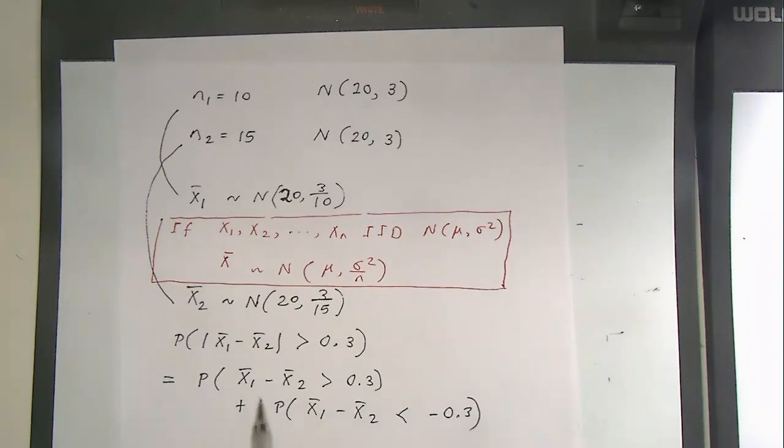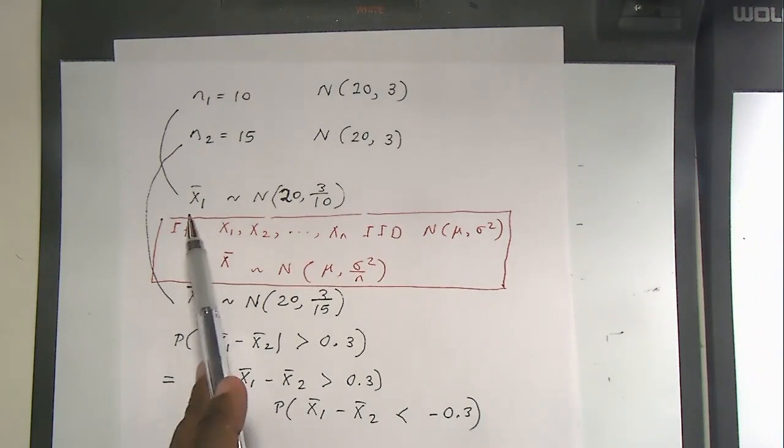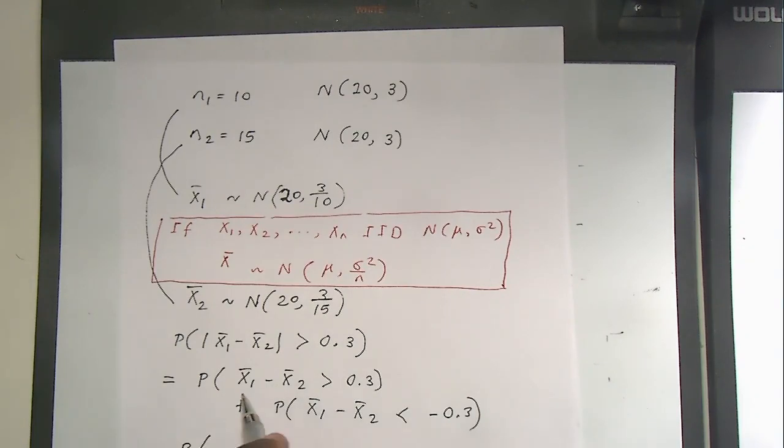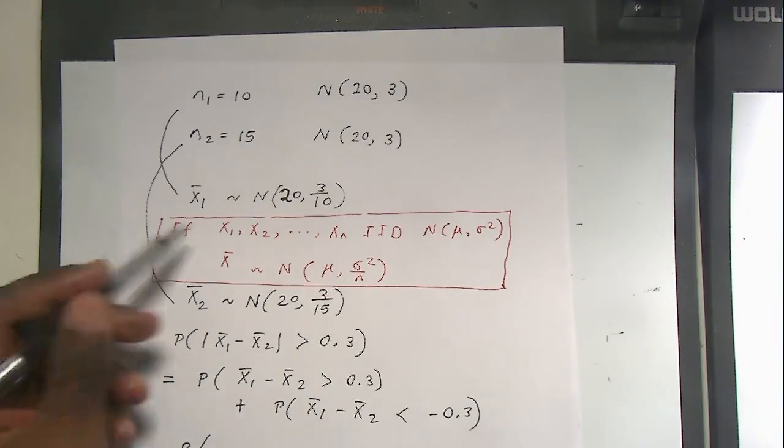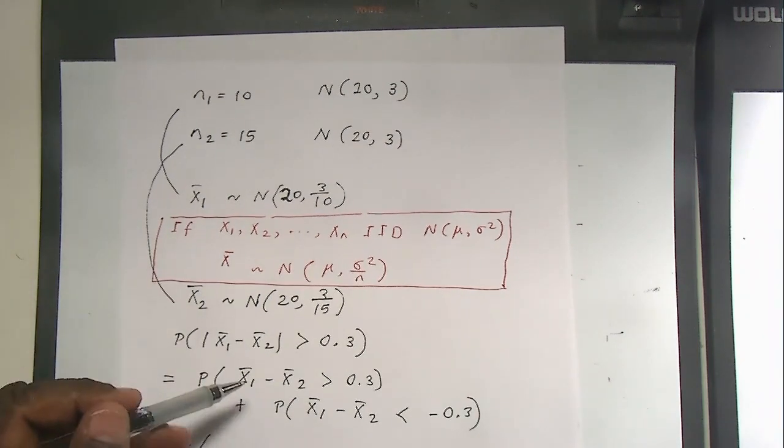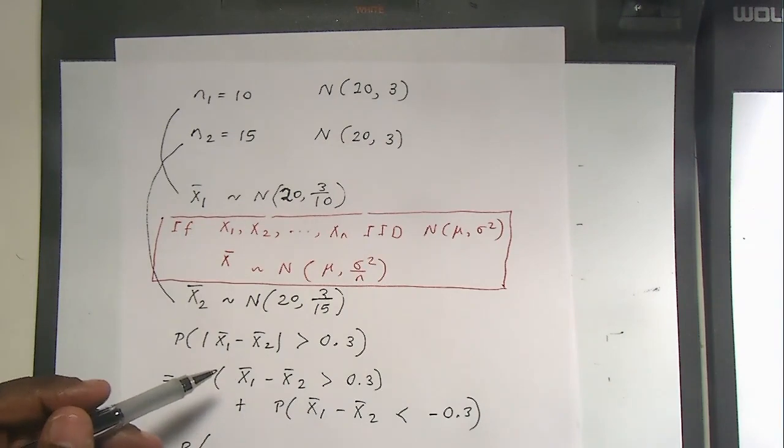Now, you have the first sample mean which has this distribution, the second sample mean which has this distribution. So what distribution will the difference have? Because these two are independent, the difference will also have a normal distribution.